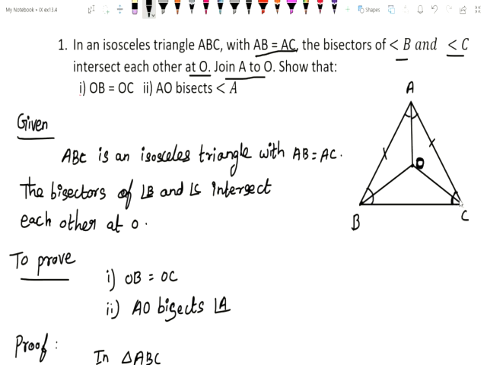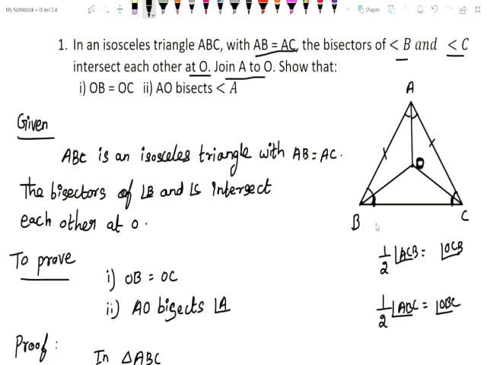So half of ACB equal to angle OCB. Likewise, half of ABC equal to angle OBC. See here, in ABC this half portion is called OBC.